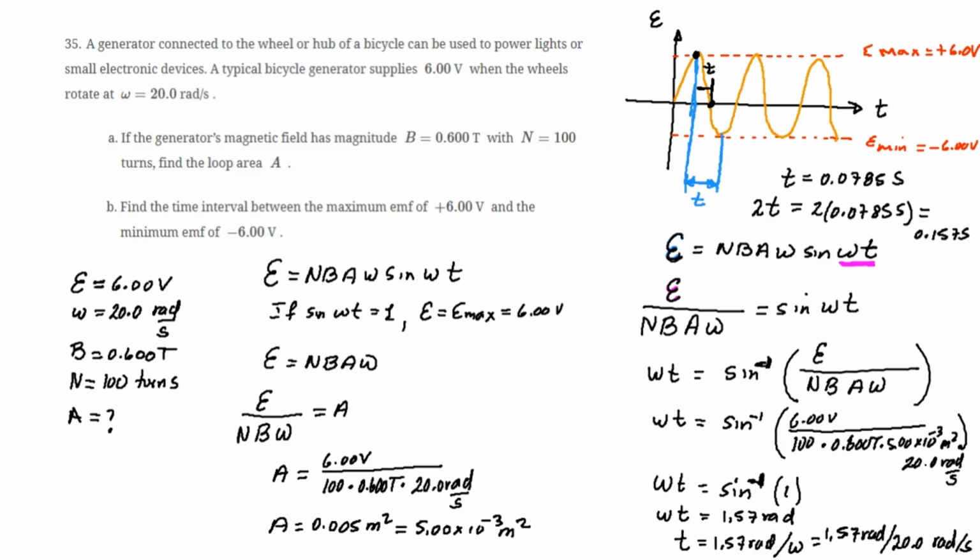And now this is the time that it took to go from 6 volts positive to minus 6 volts. And it's using the equation that I gave you at the beginning today to calculate the electromotive force in a generator. So this is the solution of this exercise.